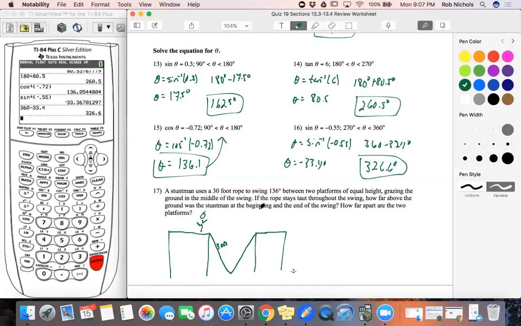He grazes the ground in the middle of the swing, and the rope stays taut throughout the swing. How far above the ground was this? So we want to know this height at the beginning and at the end of the swing, and how far apart the two platforms are.